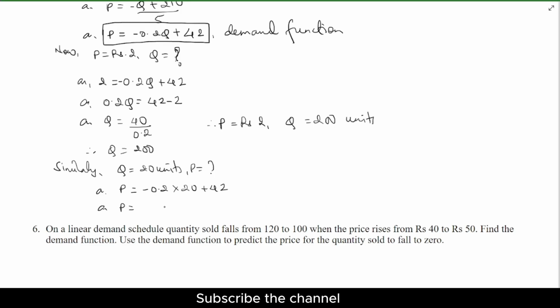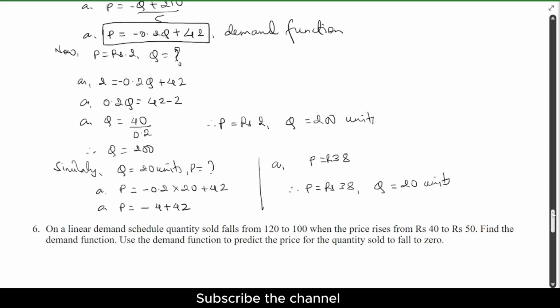Or what you'll get is minus 4 plus 42, or price equals 38. Therefore, the price will be rupees 38 for the quantity, how many units? 20 units.